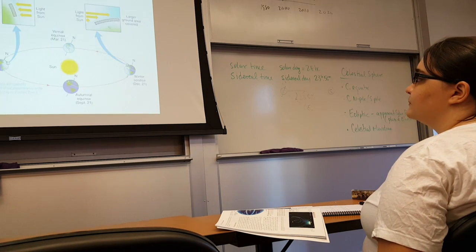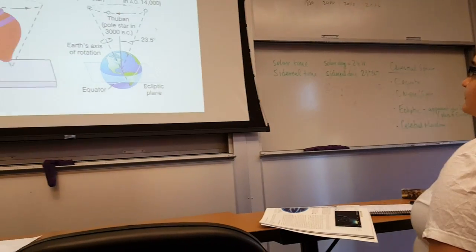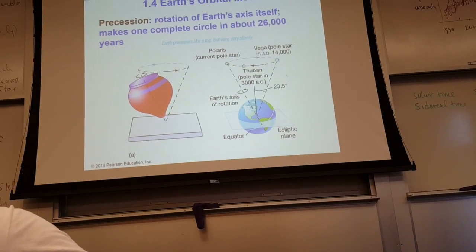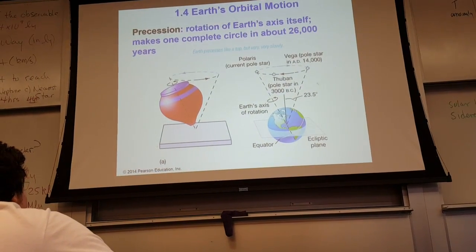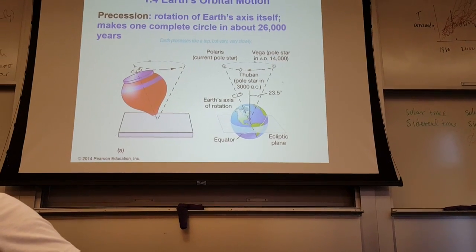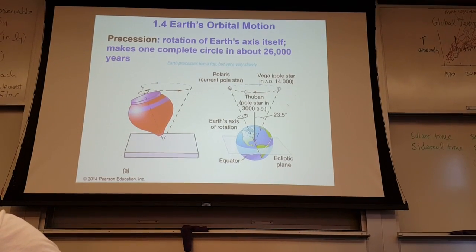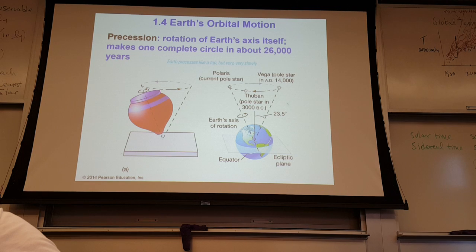Let's see if there's a picture of that. Yeah, here. There you go. And Lyra. So basically, the Earth's pole is precessing, and in 26,000 years, we'll make a great circle and come back to Polaris.